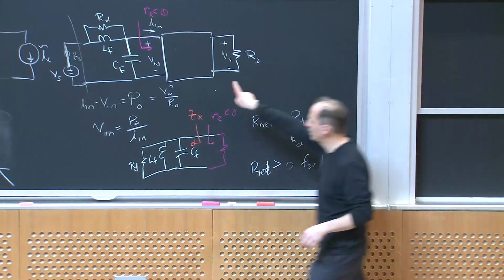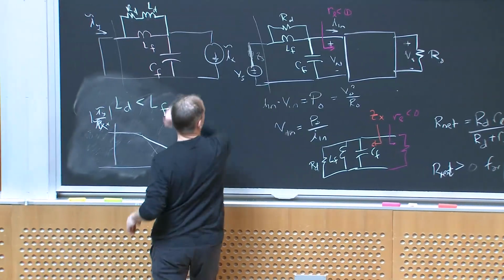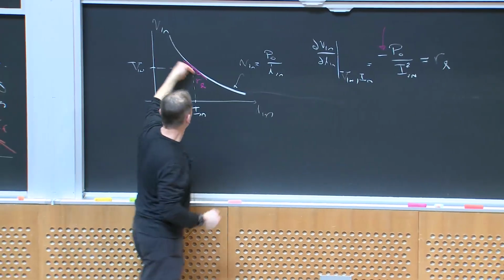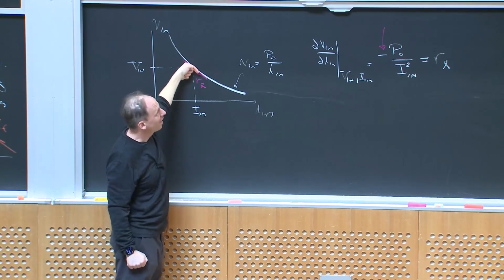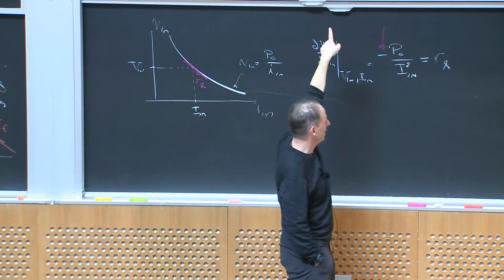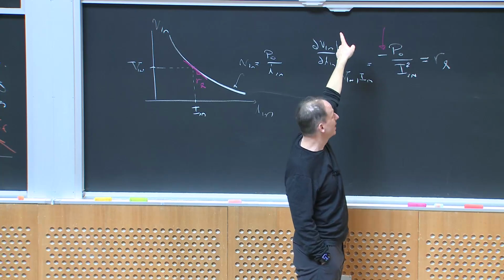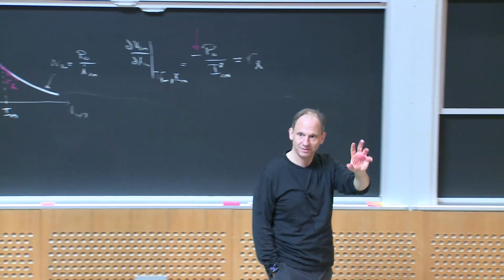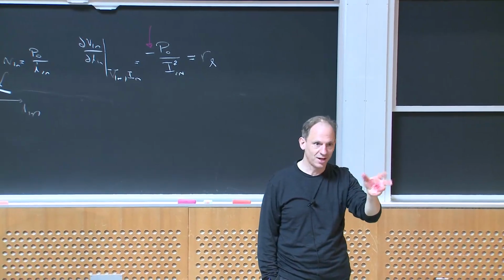So if I'm looking in here, and this slope is sort of minus 1 ohm, I'd better make sure R_D is less than 1 ohm, otherwise this LCR stage is going to start to oscillate. And that's not going to be happy.